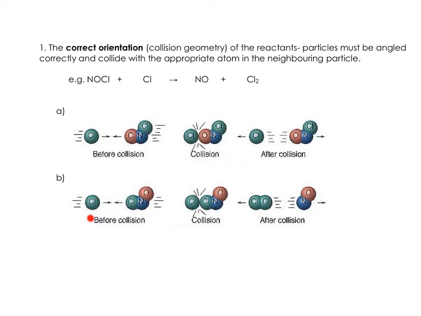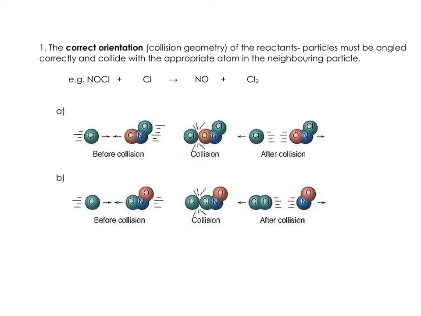If the chlorine collides with the chlorine on the compound, so the chlorine atom strikes the chlorine atom on the compound, this is an effective collision, and the reaction occurs. You form Cl2 and nitrogen monoxide. So these are our two products.